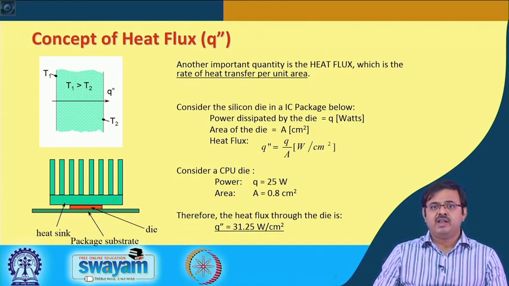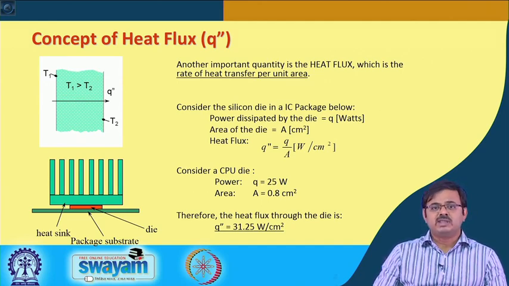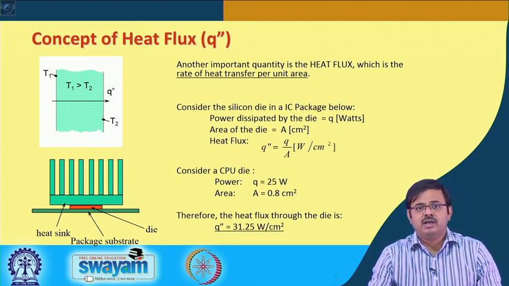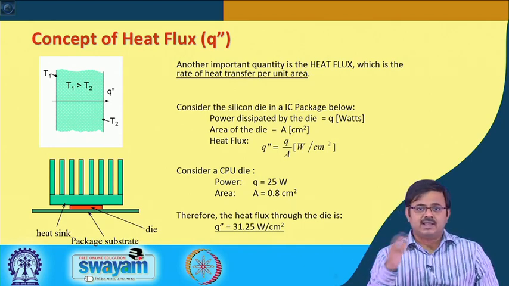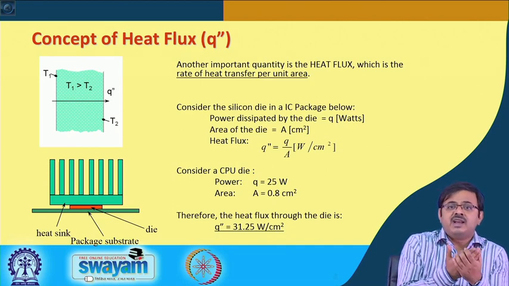Then the heat per unit area that I need to dissipate becomes 25 by 2, which is 12.5, right. So, from 31.25 it is 12.5, correct. It is almost a 2.5 times reduction and the challenge is so much lesser. So, the kind of heat sink that I need to design is going to be very different for these two cases, and the heat sink here is my thermal solution, the cooling solution, right. So, heat flux is very important.